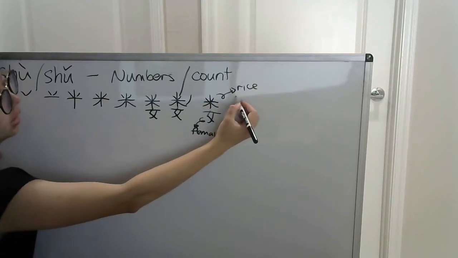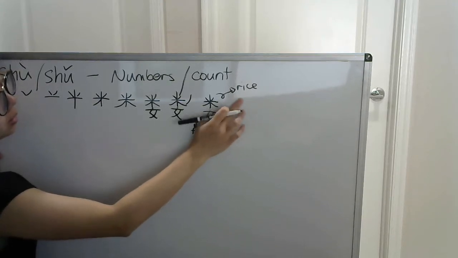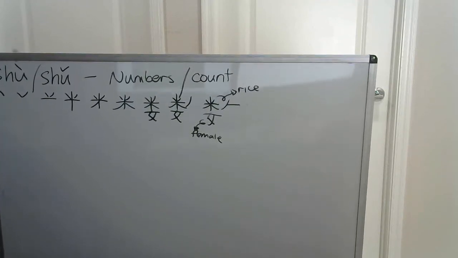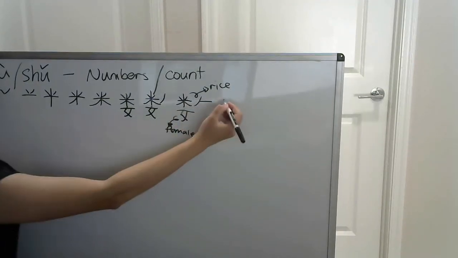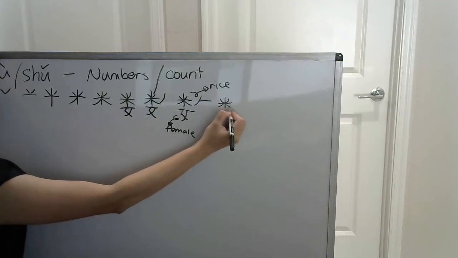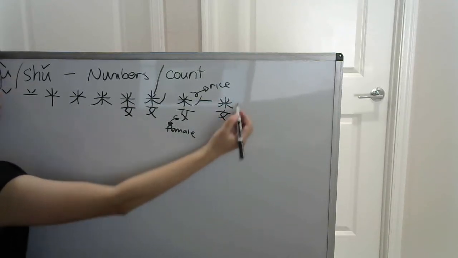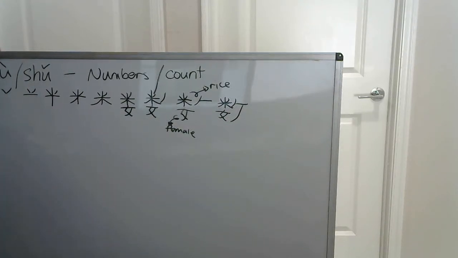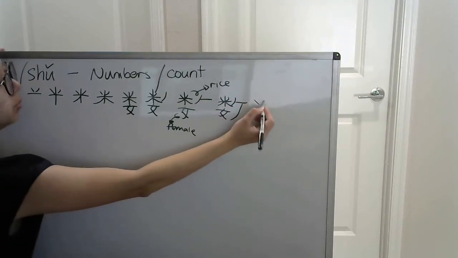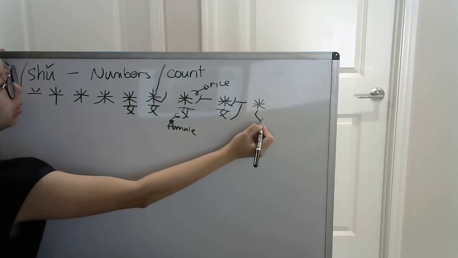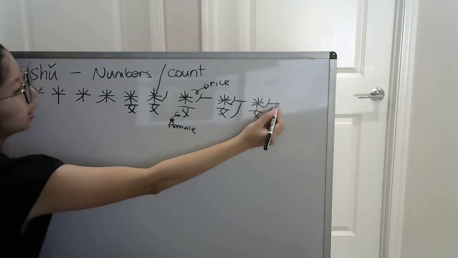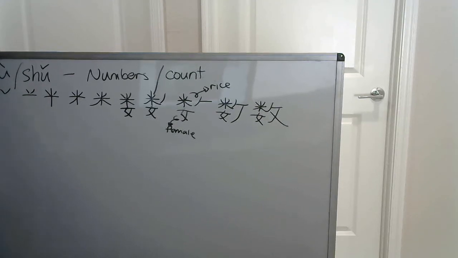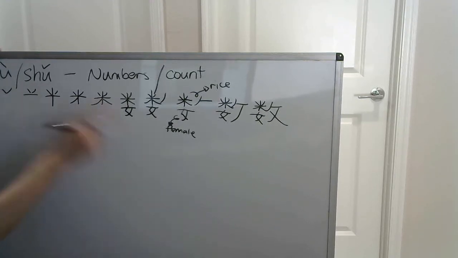Then 撇, and then a 横. 米, and then 女, and then 撇, and a 横, and a 撇 coming back. And one more. 米, 女, 撇, 横, 撇 coming back, and a 捺 going out. And there's our 数字的数, or 数数的数.